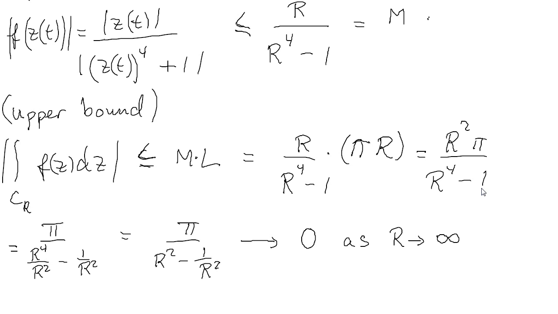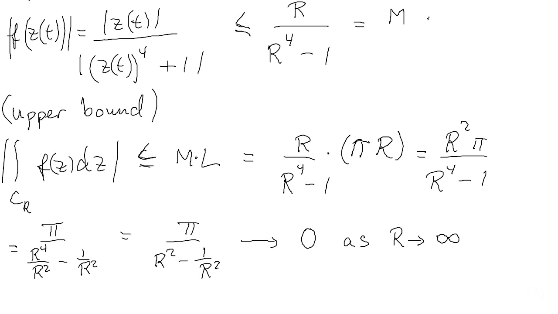And by dividing with R squared in both the numerator and denominator, we obtain this result. And when R is very large and converging to infinity, we see that this goes to 0 and this goes to infinity. So pi over this must go to 0 as R goes to infinity.